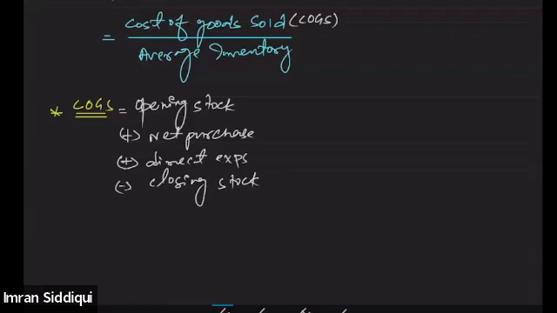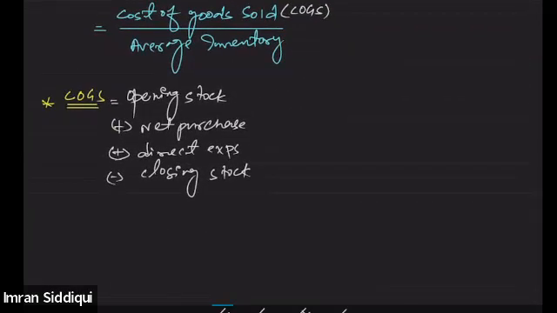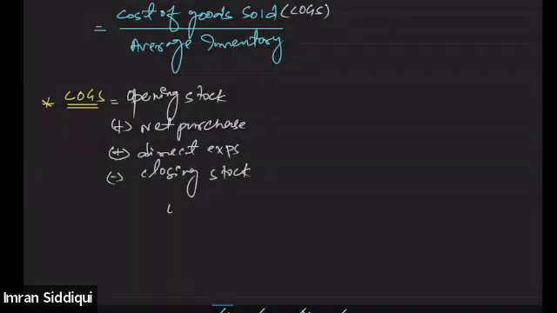Now, sometimes a student also asks how we figure out the value of the average inventory. But first, one more thing: sometimes cost of goods sold can also be calculated by subtracting the gross profit from the net sales.